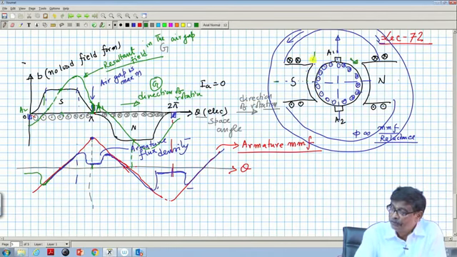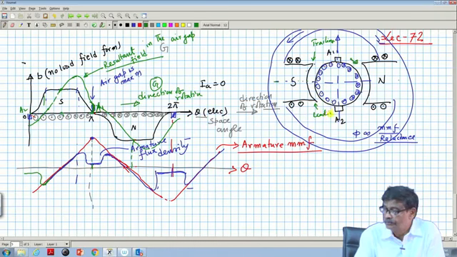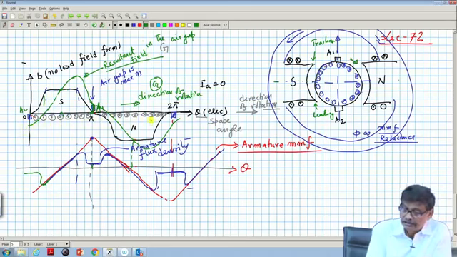This is the trailing pole tip, trailing, and this is the leading pole tip. With respect to whom have we defined this? You are sitting on the armature, you will first see here as you are moving, then you are leaving this pole tip, that is why it is called trailing. So, in this case it is moving like this. So, this is the leading pole tip and this is the trailing pole tip.